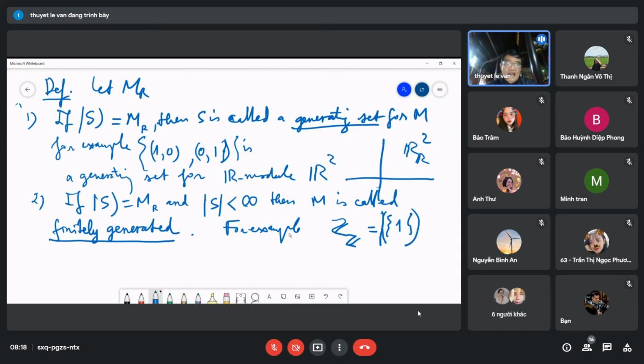And also R square here is finitely generated, because that is only 2 elements. Here it is finitely generated.